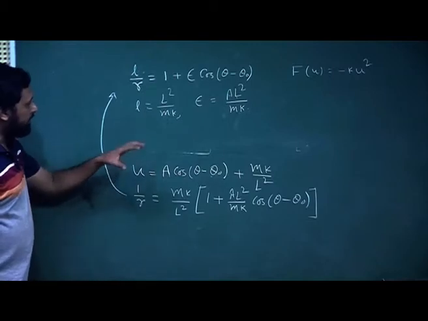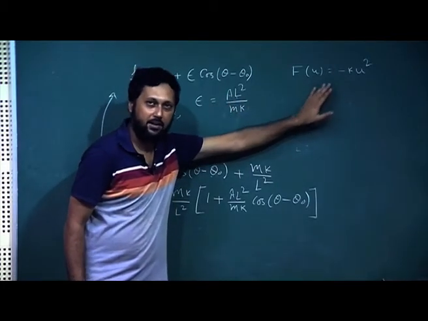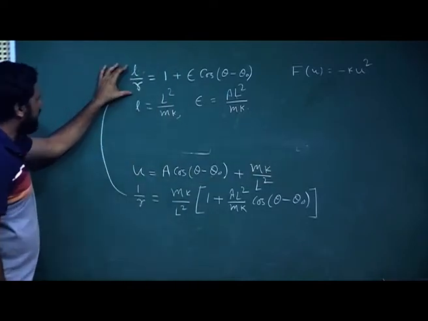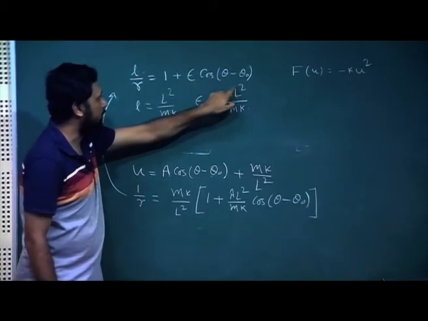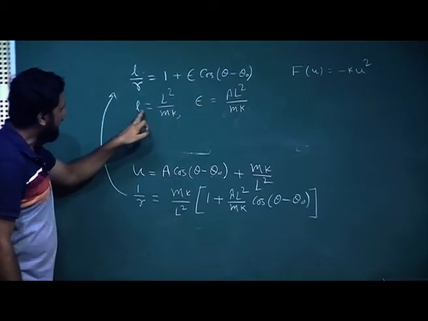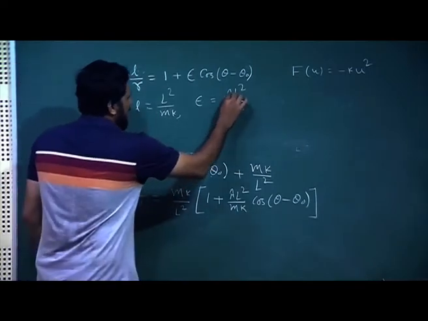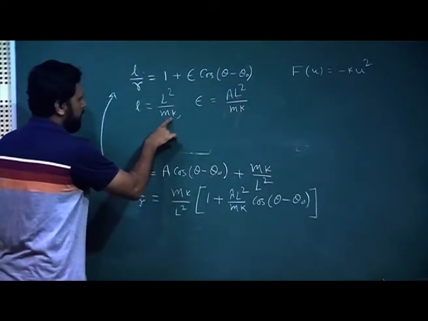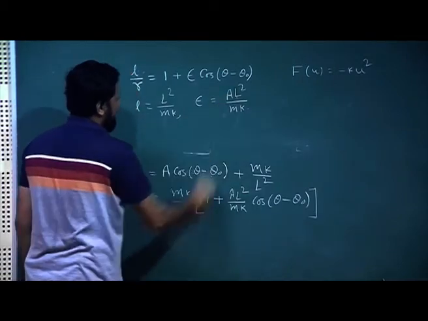So, we see that the solution for this particular law of force in general can be reduced to a form which is given as L by R equal to 1 plus epsilon cos theta minus theta 0, where L and epsilon are two constants which depend on the angular momentum, the force constant k and some arbitrary constant a.